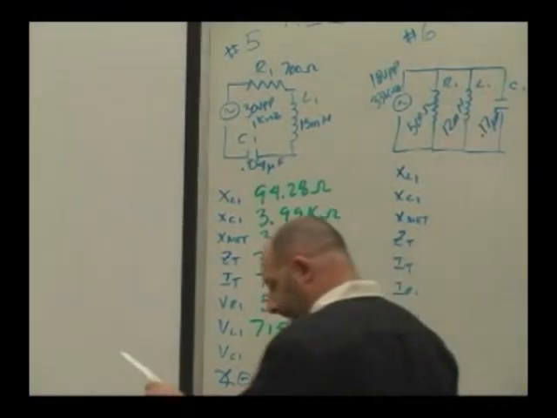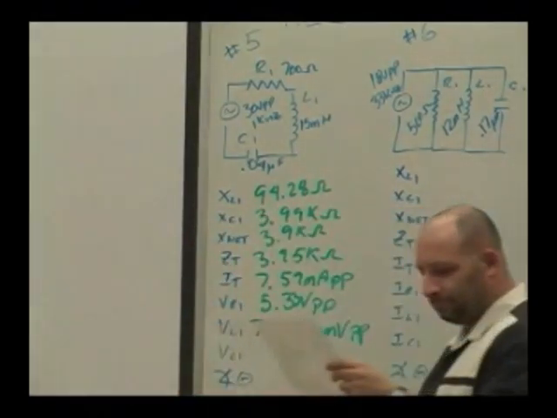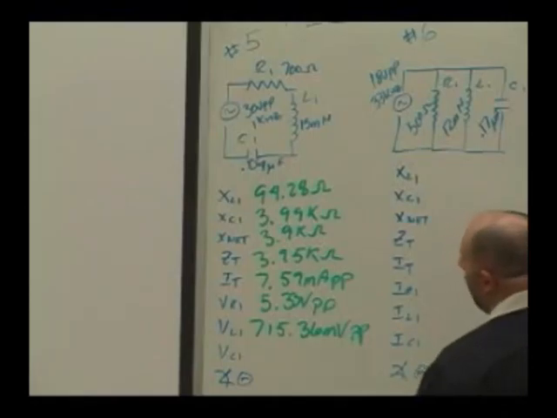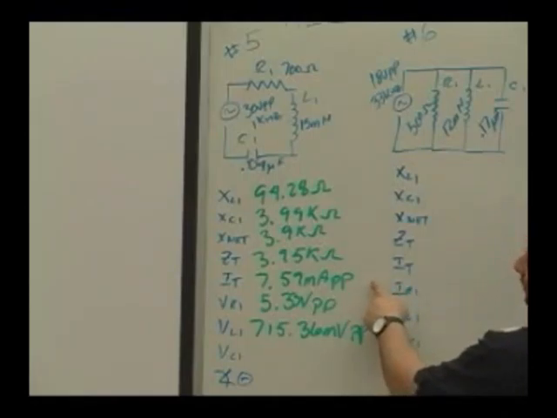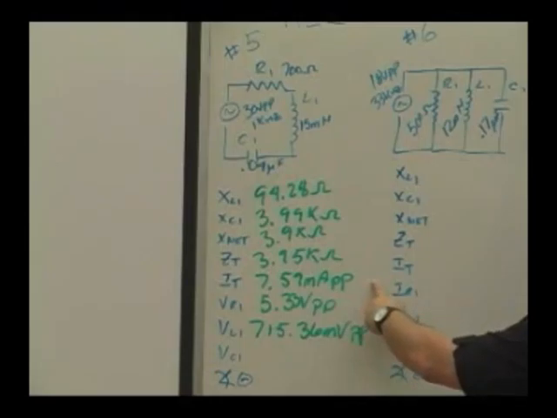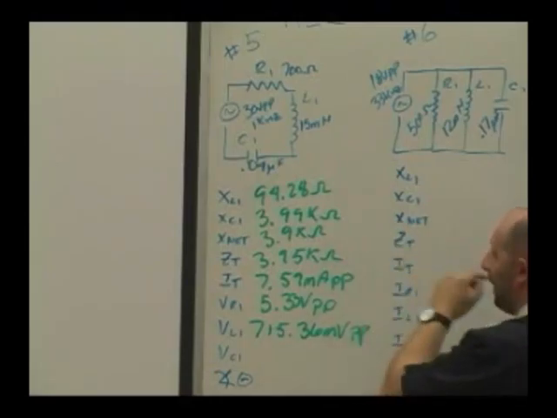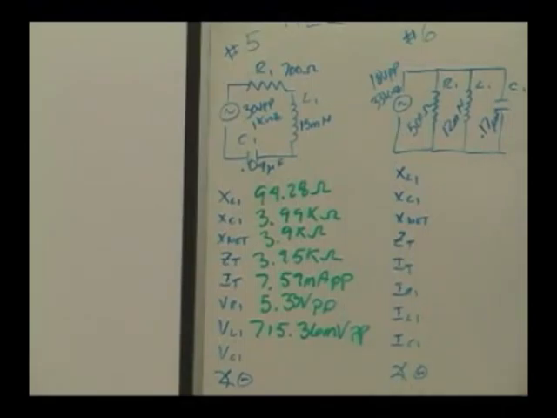VC1, next. I actually have like 303.8. Yeah, go ahead and try again. What did you get for I total? Did you get 7.59 milliamps? Yes. Okay. And XC, 3.99K or something close to that, just multiply them together.